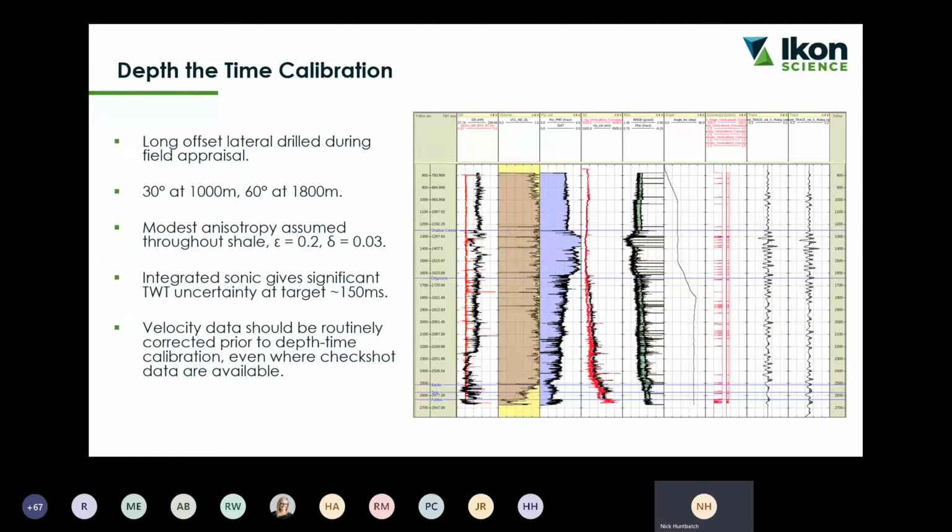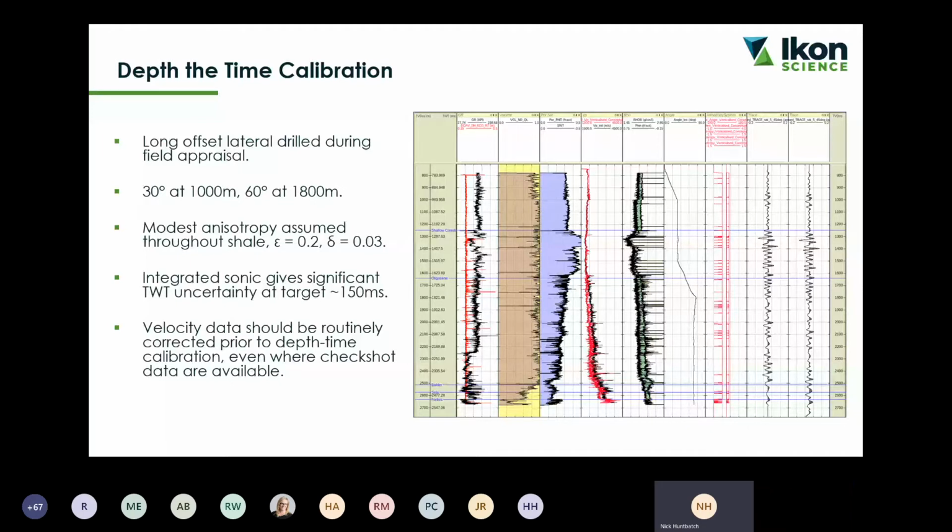So specifically talking about the depth time conversion, in these highly deviated wells, we often, or pretty much always, well, never, I should say, we never have the VSP data, check shot data, etc. And often we need to therefore rely on integrating the sonic or velocity log and hanging it off a horizon.